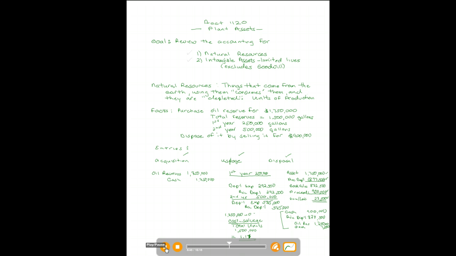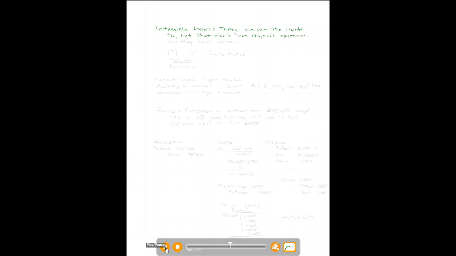Let's continue on now with our discussion on intangible assets. We did natural resources. Now we'll do intangible assets that are with limited lives. Intangible assets are things that we own the rights to use, but they don't physically exist, but they do have value. So things we own the right to, but they don't have physical existence, but they have value to us.